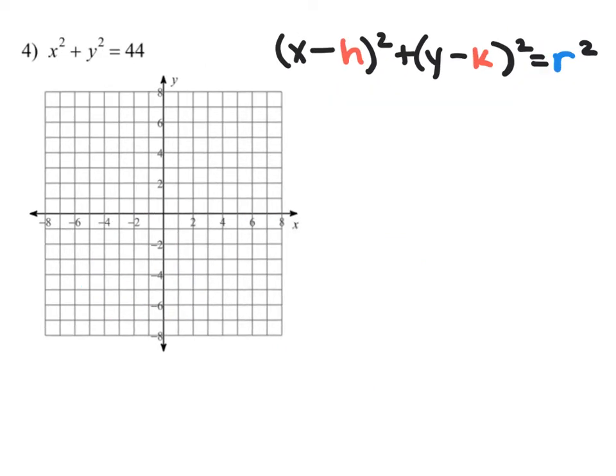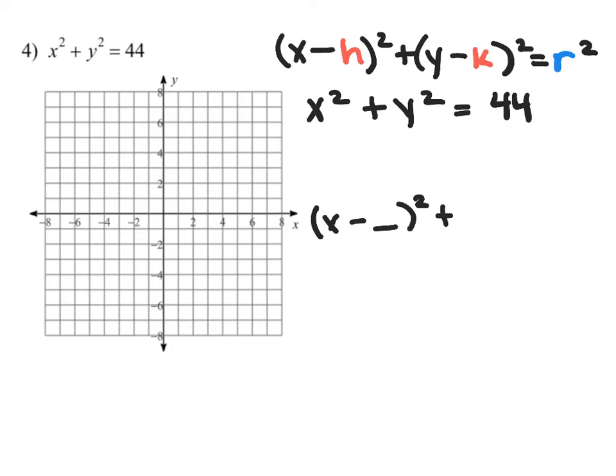In our next example, we're given x squared plus y squared equals 44. If I want to fill this in to that general format to figure out my center and the radius, the first thing you'll notice is that there's nothing with x, which means this is really like x minus 0. And the same thing for the y, there's nothing there, so it's really like y minus 0.